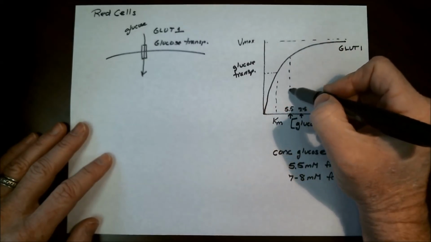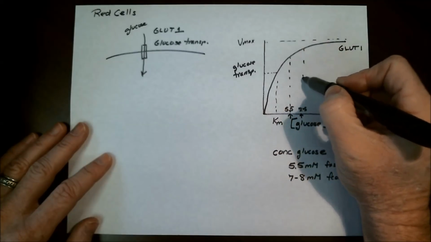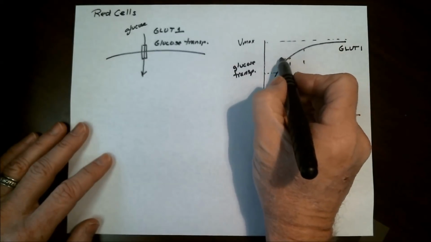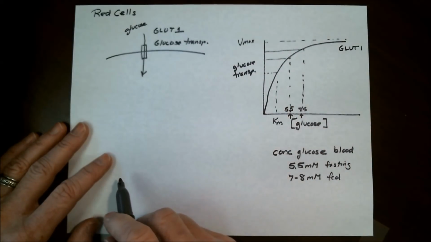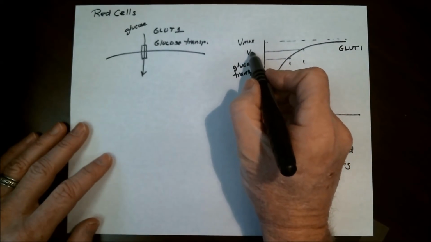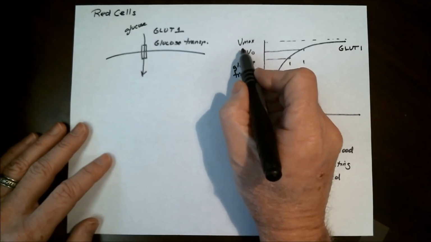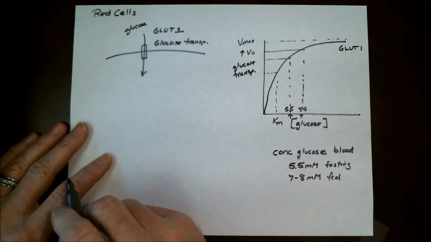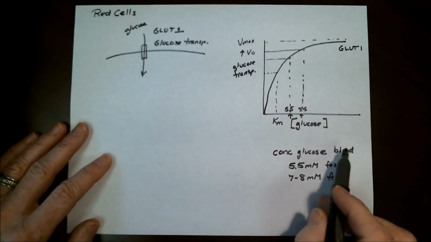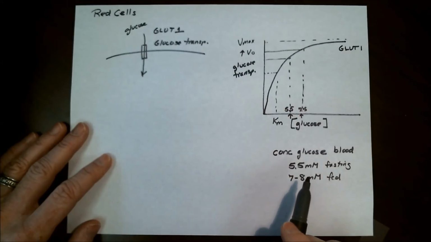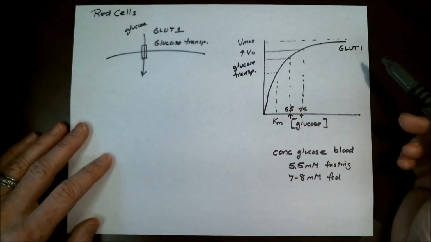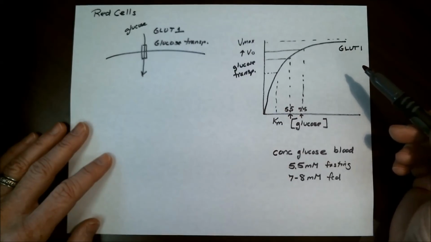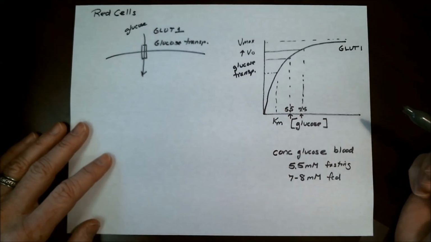Now, what you need to notice here is the activity of the transporter at these concentrations. The V0 is very high at these concentrations. So that means under all glucose concentrations in the blood, the GLUT1 transporter is transporting glucose at a very high rate into red blood cells so that they can oxidize the glucose and generate ATP.